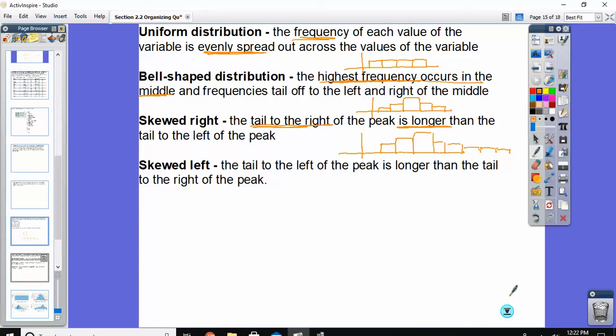You can see I have a few cases to the left of my high point, but as I'm going out to the right, I've got more. The tail goes off to the right. And skewed left, the tail to the left is longer. So you've got your center, you've got a little bit to the right, but you have more going out to the left.